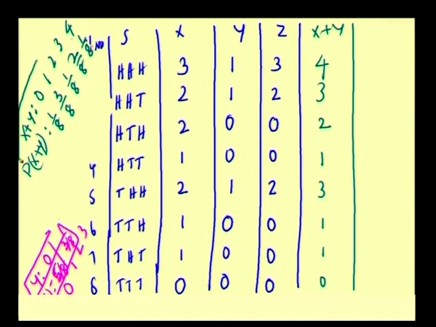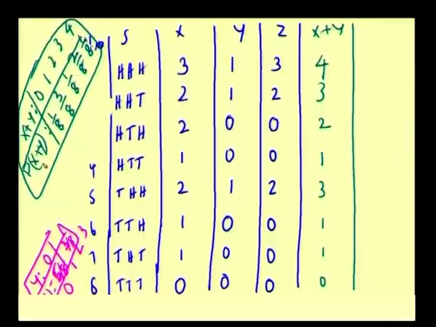This is your probability mass function of x plus y. To check whether it is the exact probability function, just add 1 plus 3, 4, 5, 7, 8. 8 by 8 total gives you 1. Total probability is 1. Therefore, this is the probability function for x plus y.